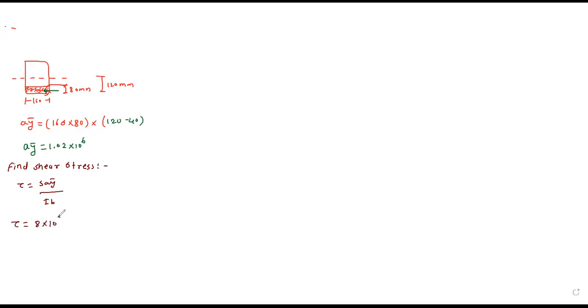So 8 into 10 raised to 3, into AY bar, 1.02 into 10 raised to 6, divided by the moment of inertia we already calculated, 184.32 into 10 raised to 6, into width. Width is 160.